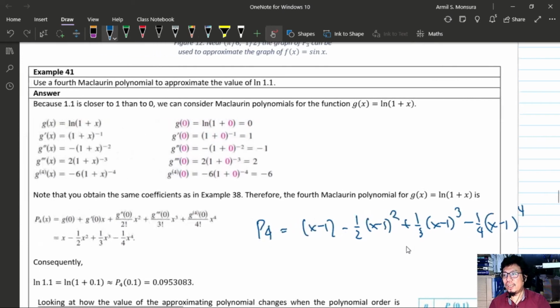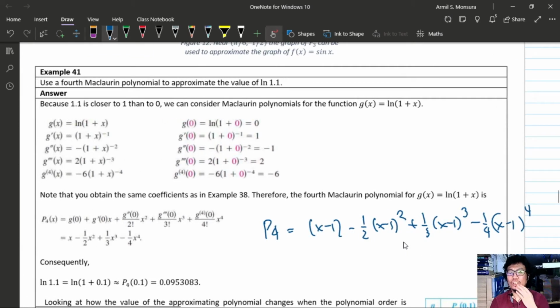Okay, so that's a Taylor polynomial. Actually, this is a Taylor polynomial, since it has a center at 1.